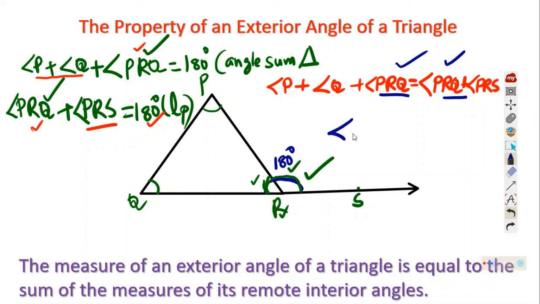That means angle P plus angle Q is equal to angle PRS.